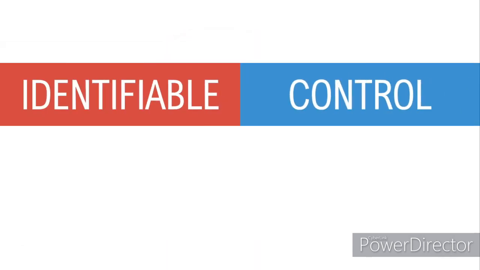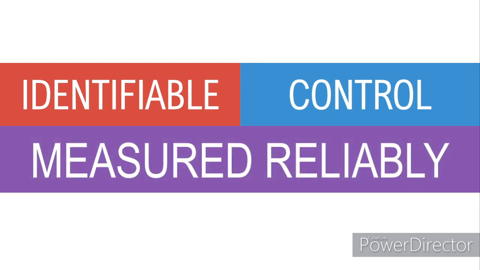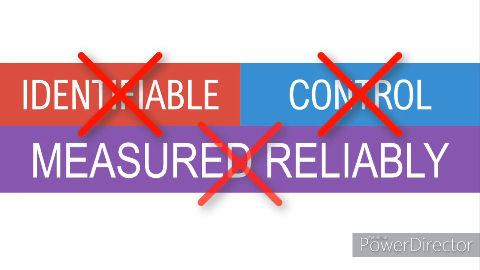So the issue of identifiable and control. You can actually identify which one contributes to goodwill, and you can actually control the intangible asset. And also there is an issue of reliable measurement. How to value the relationship with your customers, how to give one value to it. So because it is not identifiable, it cannot be controlled and cannot be measured reliably, it cannot be recognized as your intangible asset.